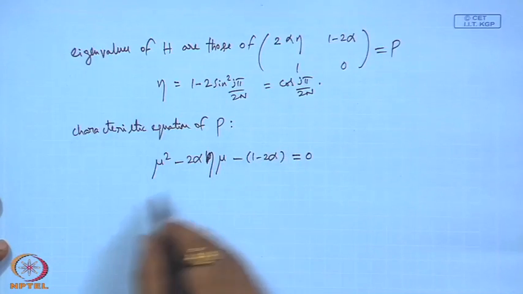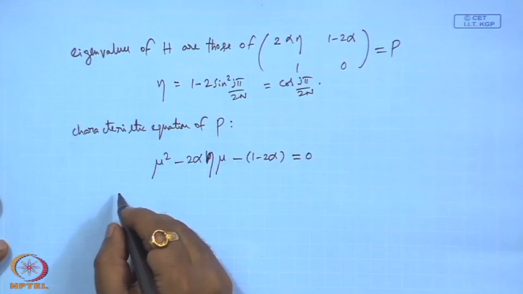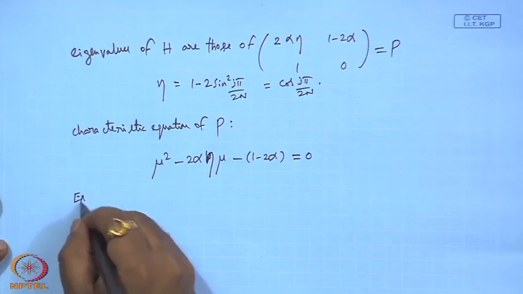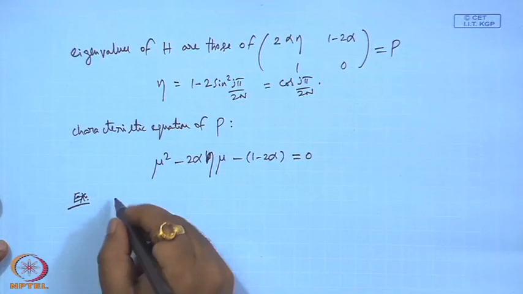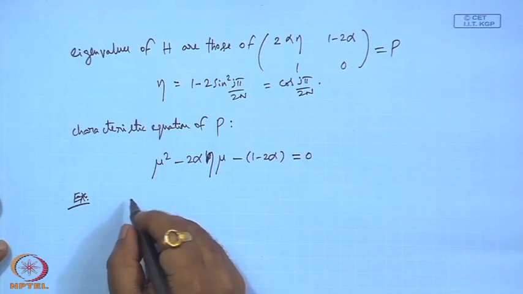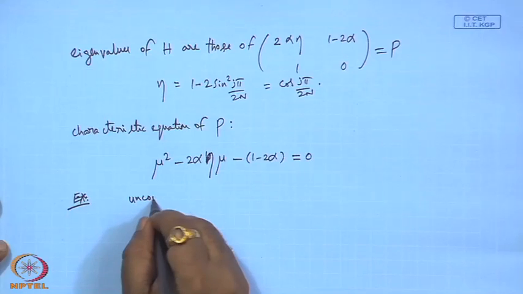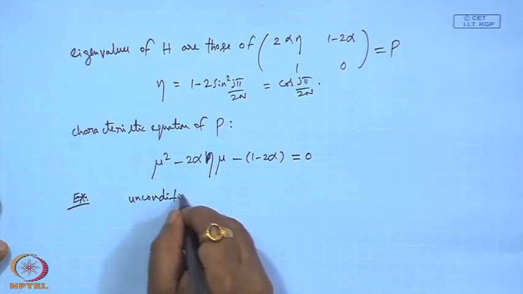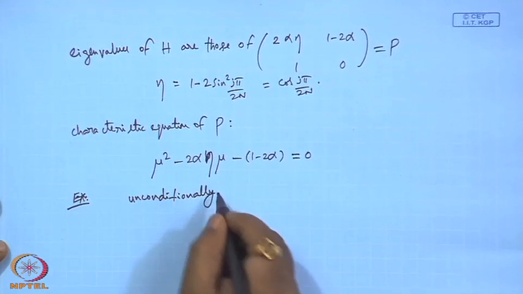Then we get from here, an exercise for you. You can show that this method is unconditionally stable.